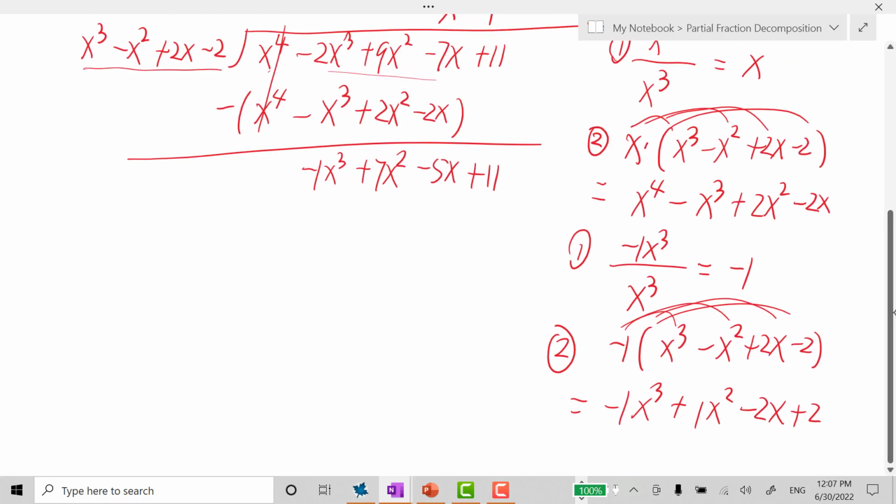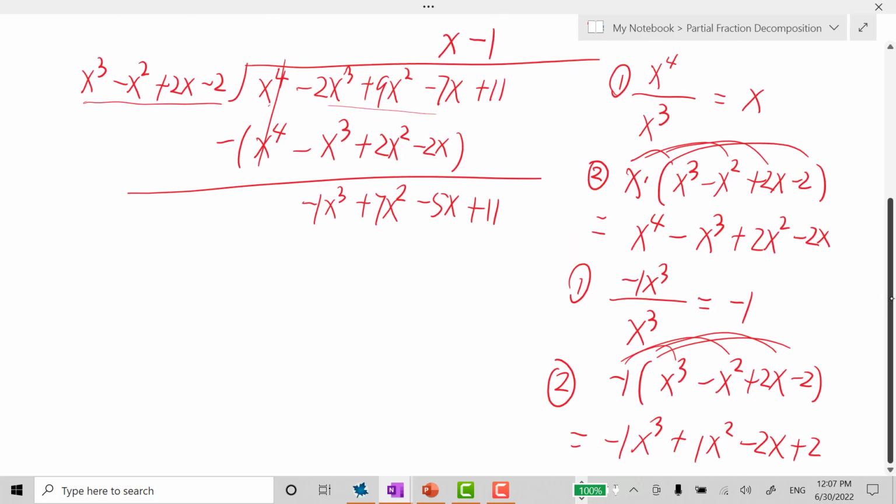I'm going to copy those 4 terms and put them back into the long division. So negative 1x cubed goes here, plus 1x squared, and minus 2x, and plus 2. Now find the difference.